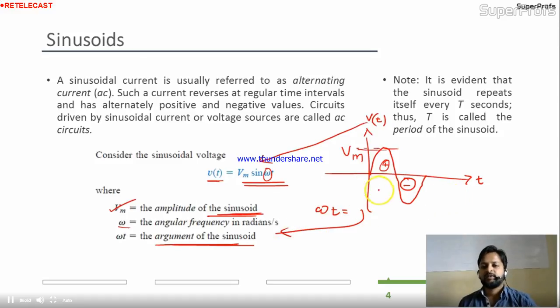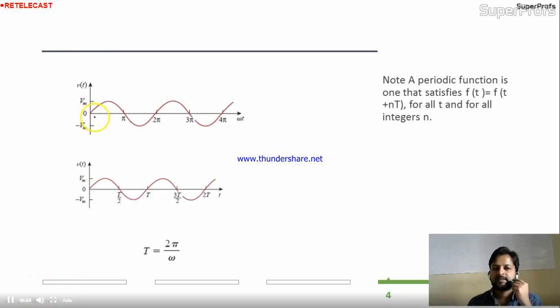Is it okay? So what are the parameters here? Vm is the maximum current or voltage. Omega is the angular frequency. Omega t is the argument. Here the AC cycle is given, with voltage V(t) on the vertical axis. This is the maximum positive value of the voltage.